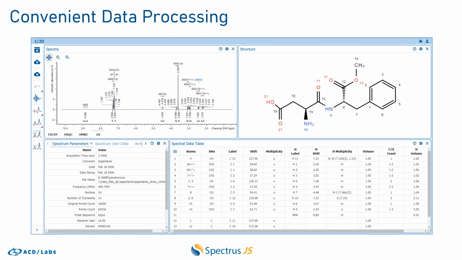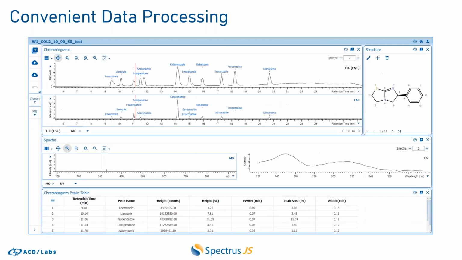We are currently expanding the different techniques that are supported within Spectrus.js, and we are currently developing tools for processing LCMS data. So this is under development at the moment.